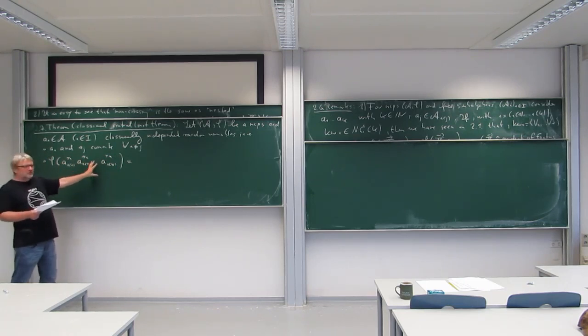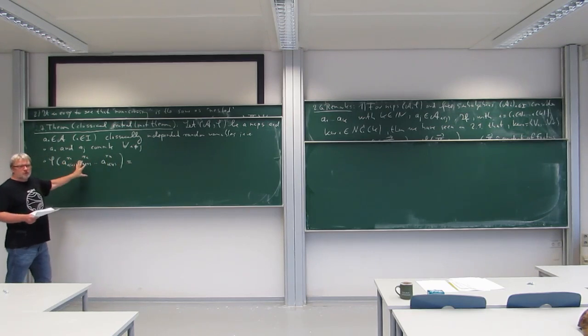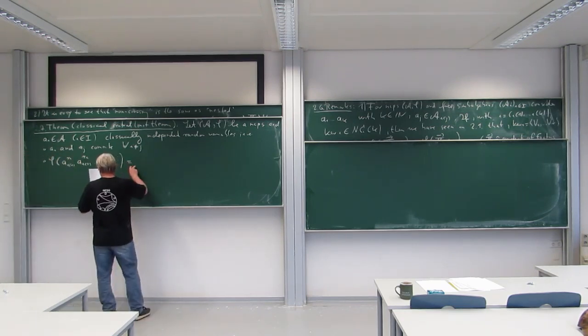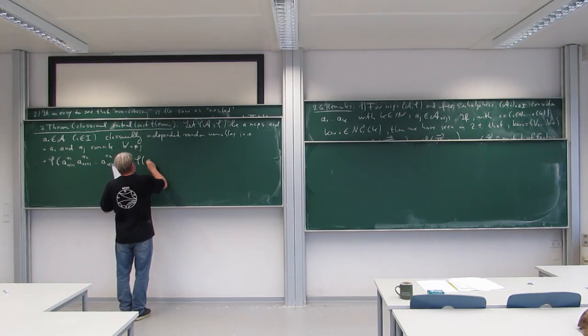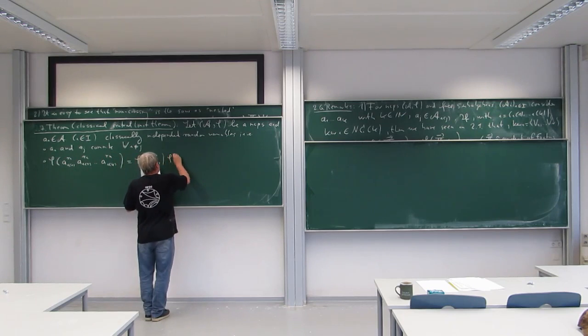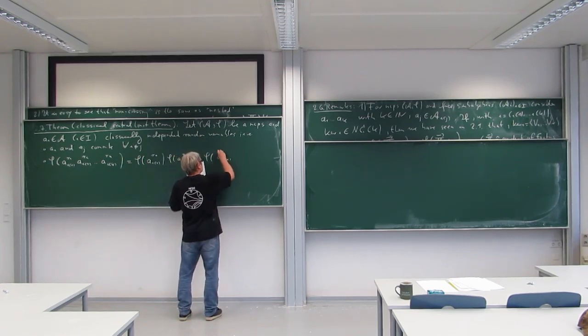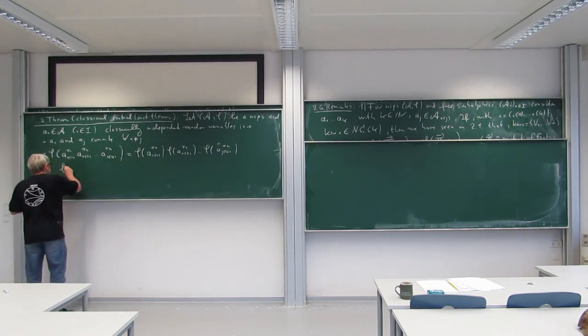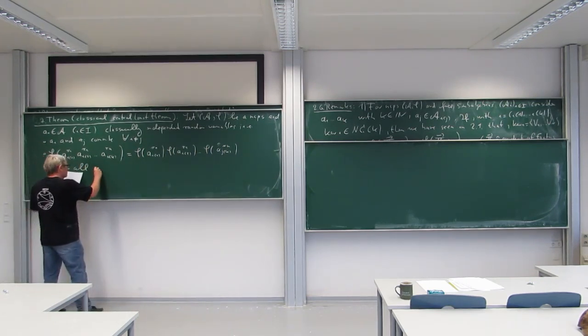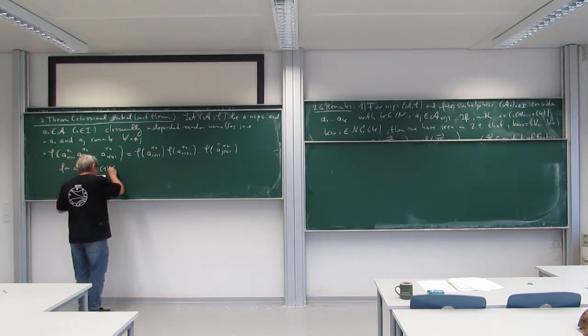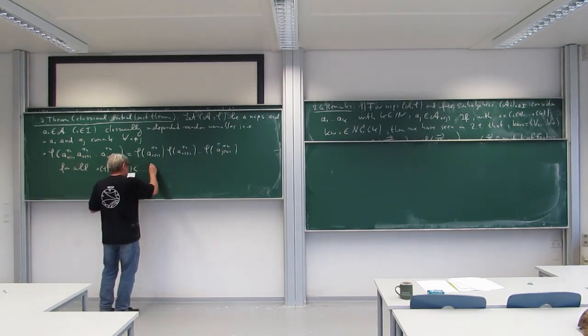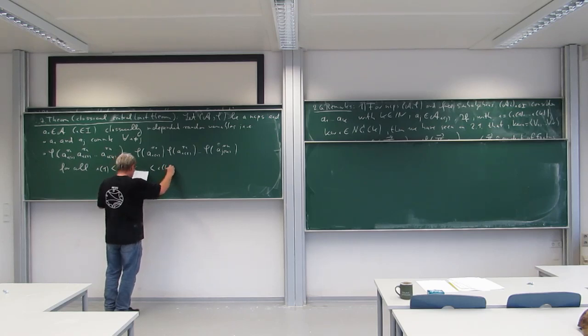But in the non-commutative case, of course, I need much more joint elements. In the classical case, everything can be brought in this form, and I have this factorization: phi of a_{i_1} to the power r_1 times phi of a_{i_2} to the power r_2 and so on, phi of a_{i_k} to the power r_k, for all indices where i_1 is strictly less than i_2, strictly less than i_3, and so on, strictly less than i_k.